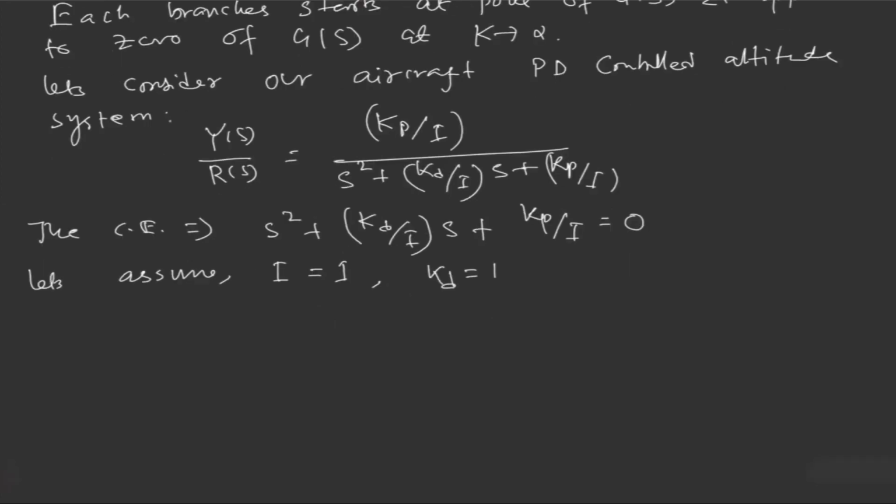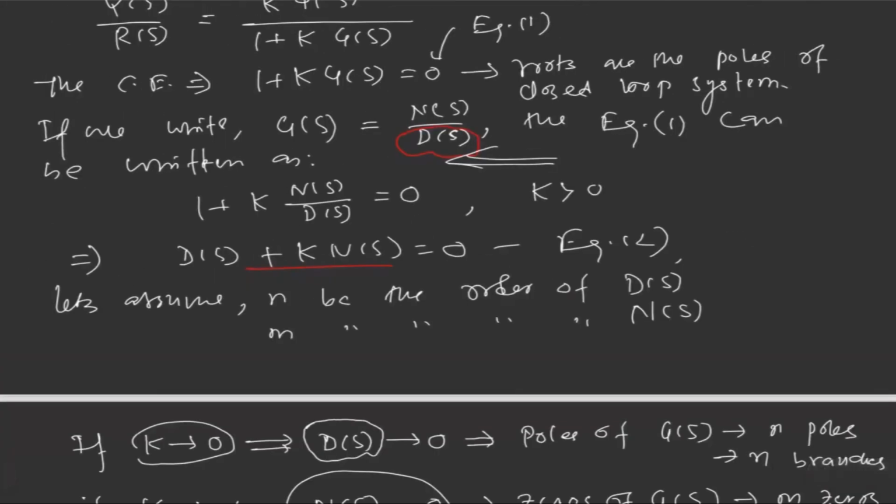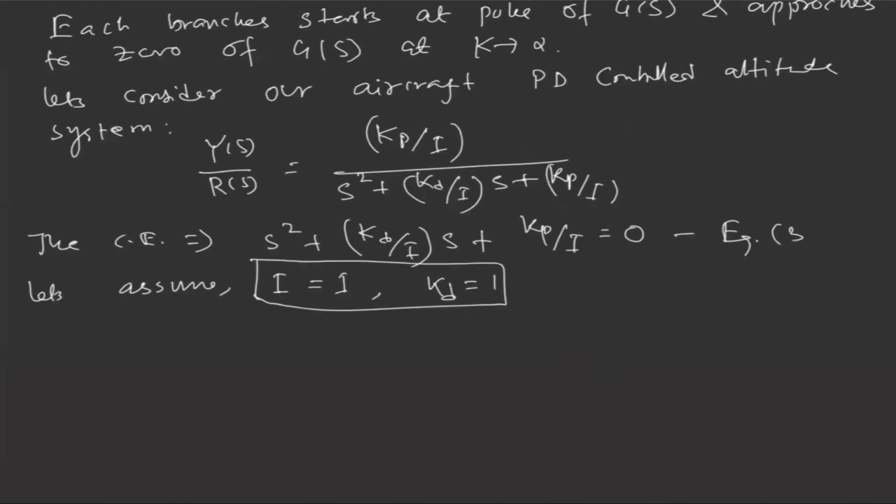Based on this assumption, equation number 3, we can write s squared plus s plus Kp equal to 0.